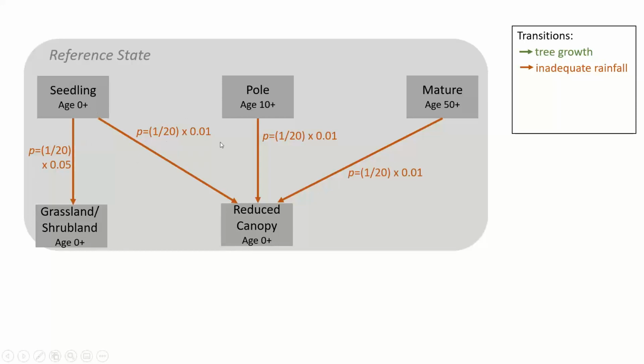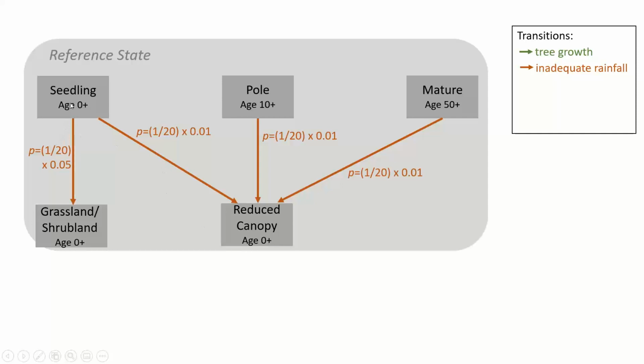And so these probabilities have 2 parts to them generally, the way we did it here. I just kept them separate. One of them is the return interval on the event. People felt that on average, inadequate rainfall happens once every 20 years, so a 20-year event. And when it did occur, there was a 1 in 100 chance that a cell that received inadequate rainfall would actually move into this reduced canopy state.